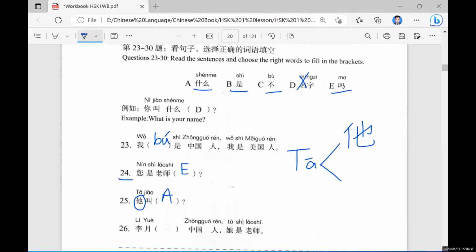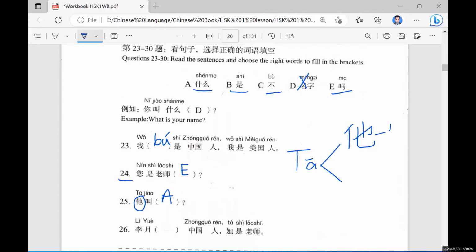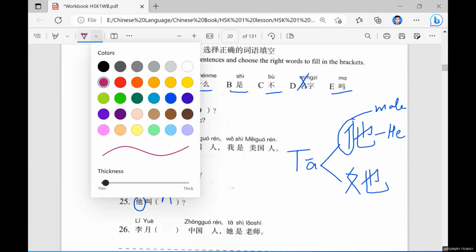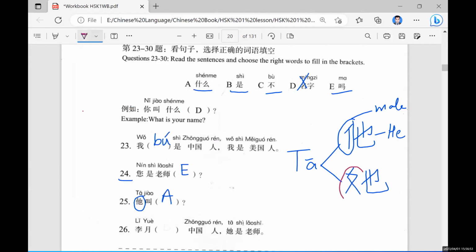Whenever this one character, we say he for male, because the first part of the character also represents a male person, so we use he. And the second, here you can see the first part of the character represents the female, so that's why this is she.